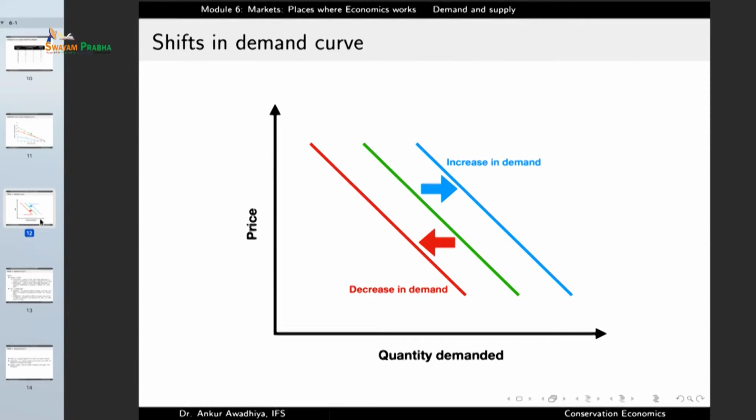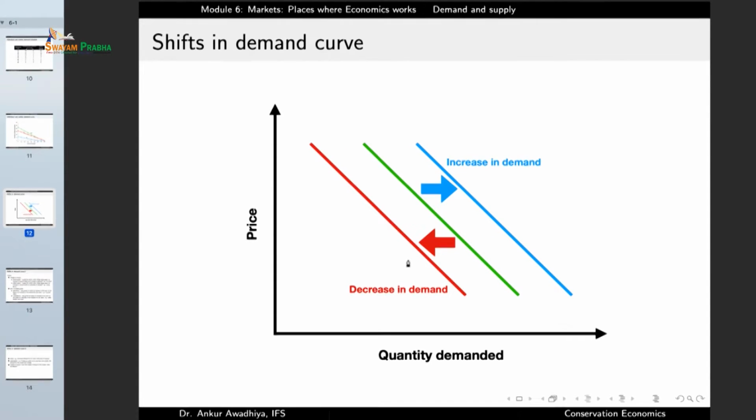Now, when we talk about the demand curve, there can be shifts in the demand curve. And we say that when the curve shifts to the right, then there is an increase in the demand. And when the curve shifts to the left, there is a decrease in demand. Now, what does that mean?